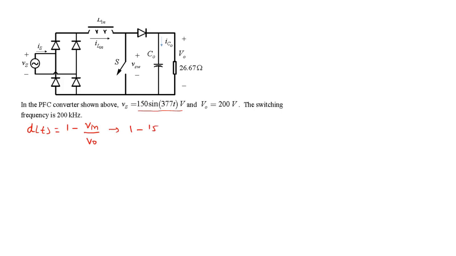So it'll be 1 minus 150 absolute value of sine of 377t, that's 60 hertz, divided by the output voltage, which is given as 200 volts. Okay. So that's the expected 1 minus sine wave expression for the duty ratio. 150 over 200 is 0.75 absolute value of sine 377t. Okay, that is the complete answer to part A.